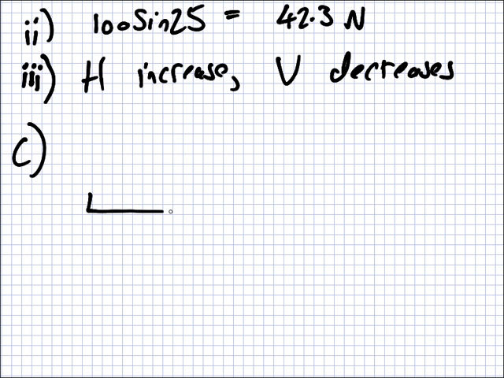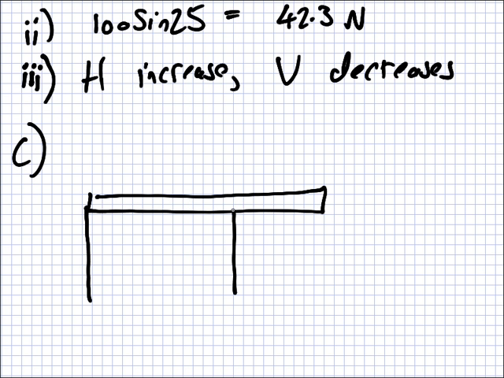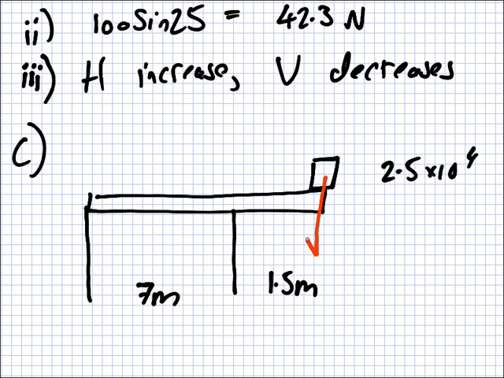We have a beam, a support here, a support here. This distance is 7 meters, and this is 1.5 meters. And you have a weight here of 2.5 times 10 to the 4 down here. Well, maybe it's not so bad.